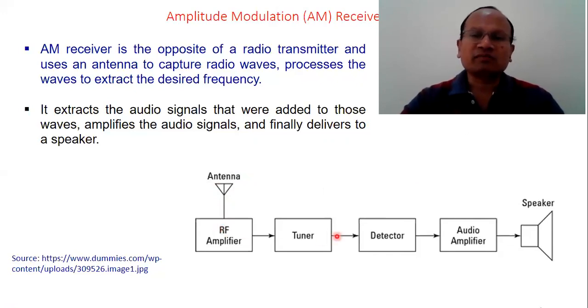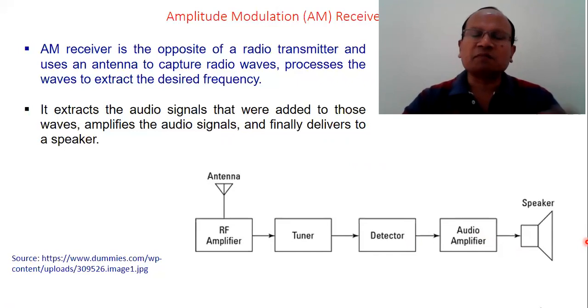It goes to the tuner, then to the detector, and then finally the audio amplifier, and the audio signal which has been detected and amplified is delivered through the speaker. So this is a typical block diagram of an AM receiver.